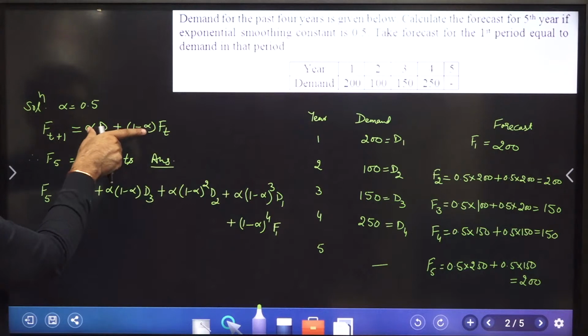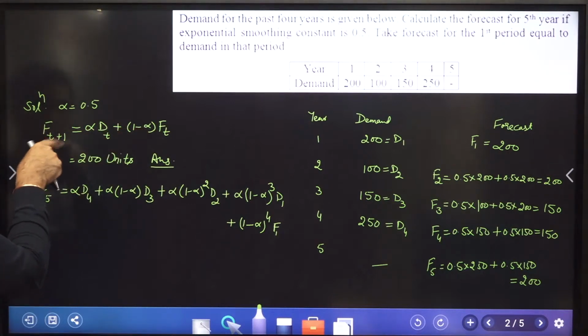So if you expand it completely, I have taken a particular period, 5.